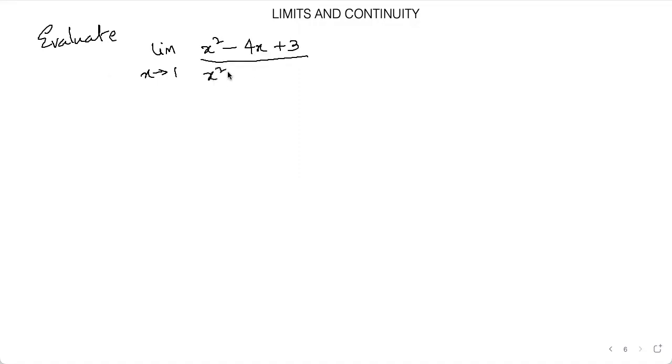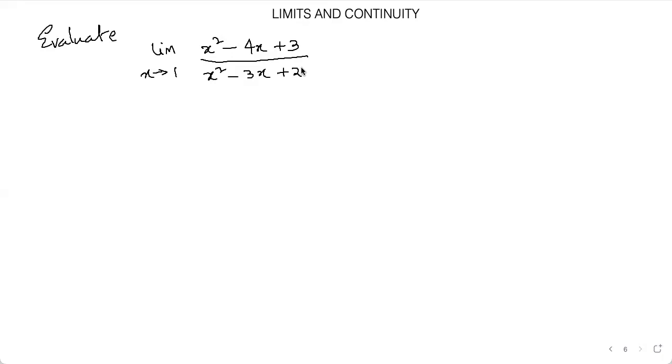Okay, so now let us evaluate the limit x tends to 1 of (x square minus 4x plus 3) by (x square minus 3x plus 2).